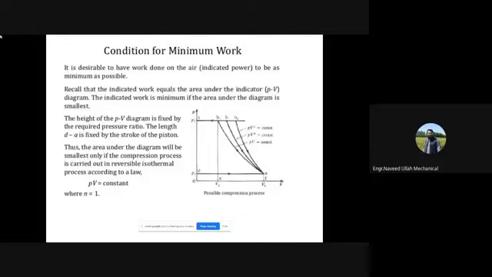We need to know the pressure and temperature before the compression process, and the temperature and pressure after compression, and then we talked about how to calculate the indicated work or power, and after that the FAD, that is the free air delivery, etc.